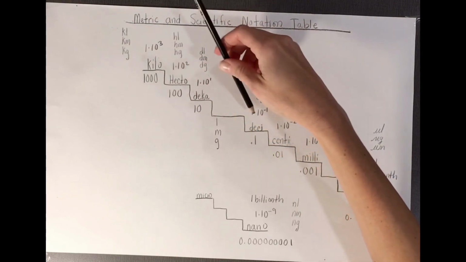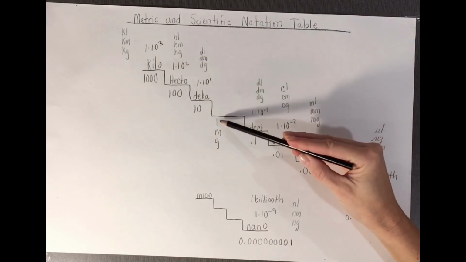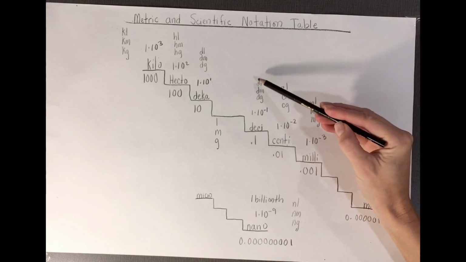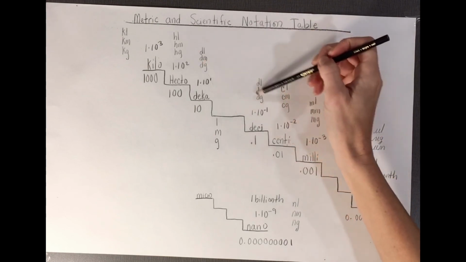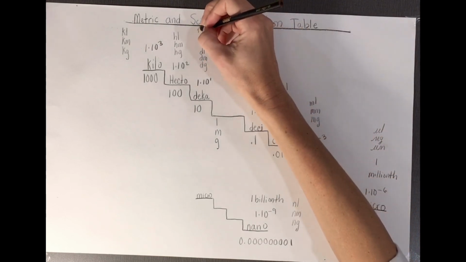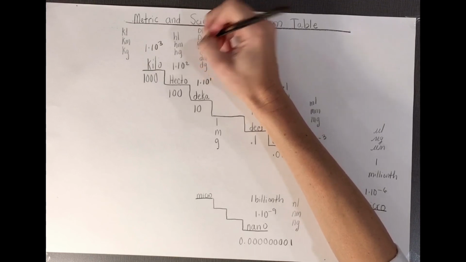Going down the steps, 1/10 of a liter, meter, and gram, we have the deciliter, decimeter, decigram. Sometimes to differentiate between this, we make this a capital D for deca: decaliter, decameter, and decagram.